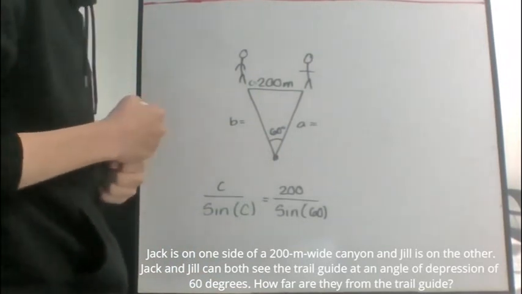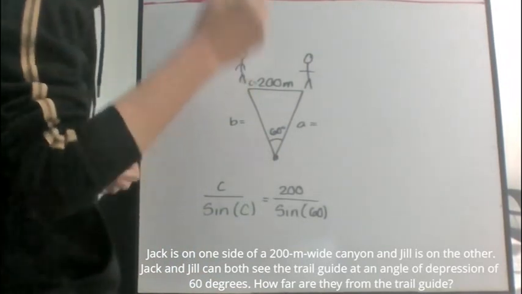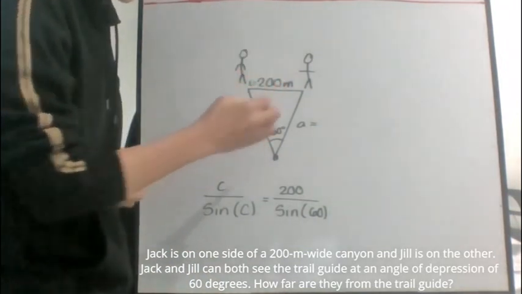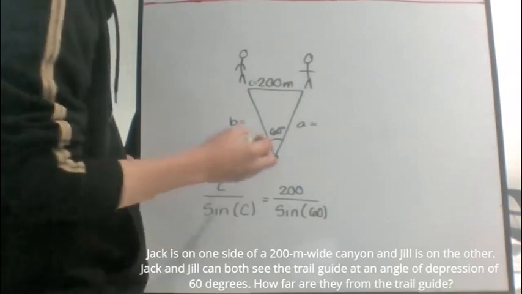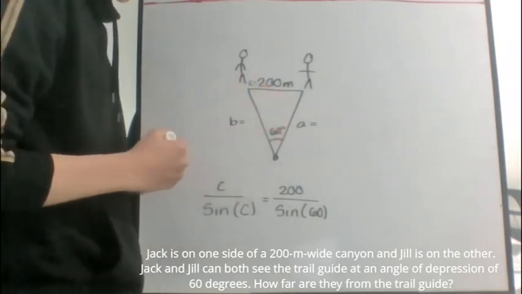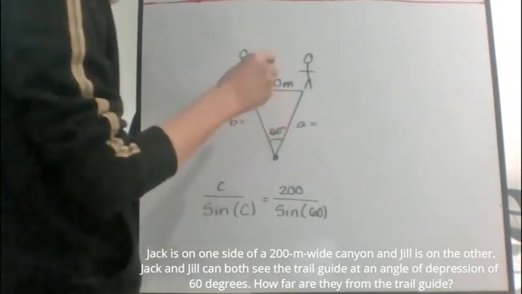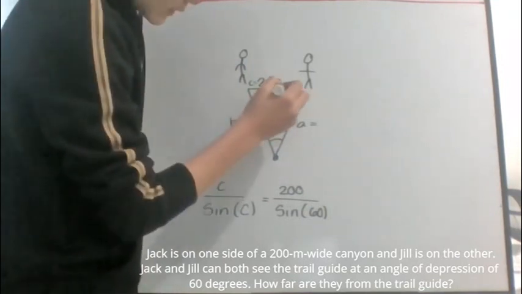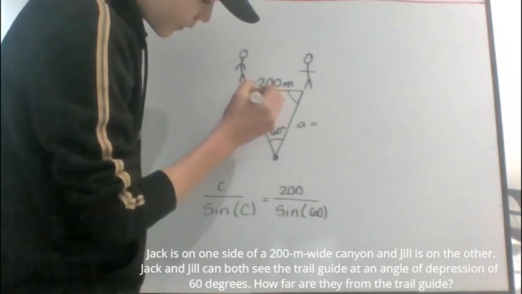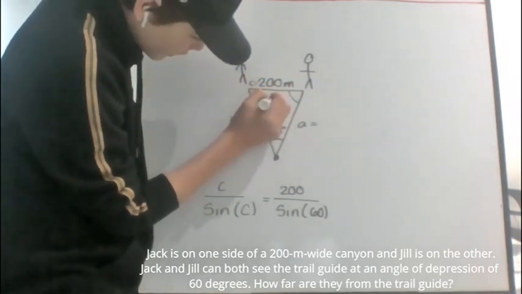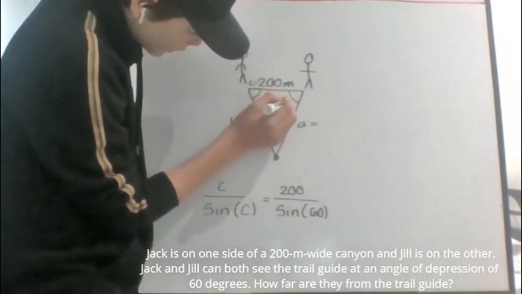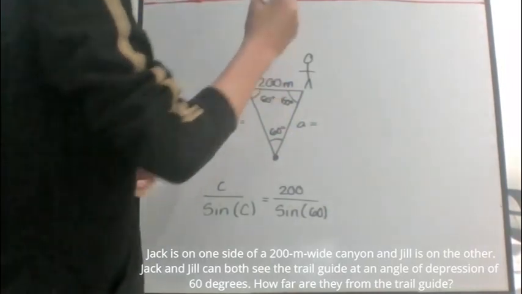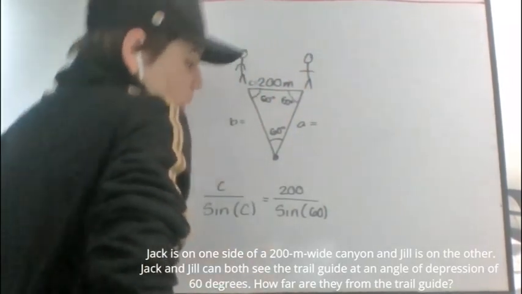Also we have to notice something. We already know that a triangle has to have its interior angles add to 180. And since these distances are the same, we can suppose that it also is 60. So we already have the other two angles of this problem.